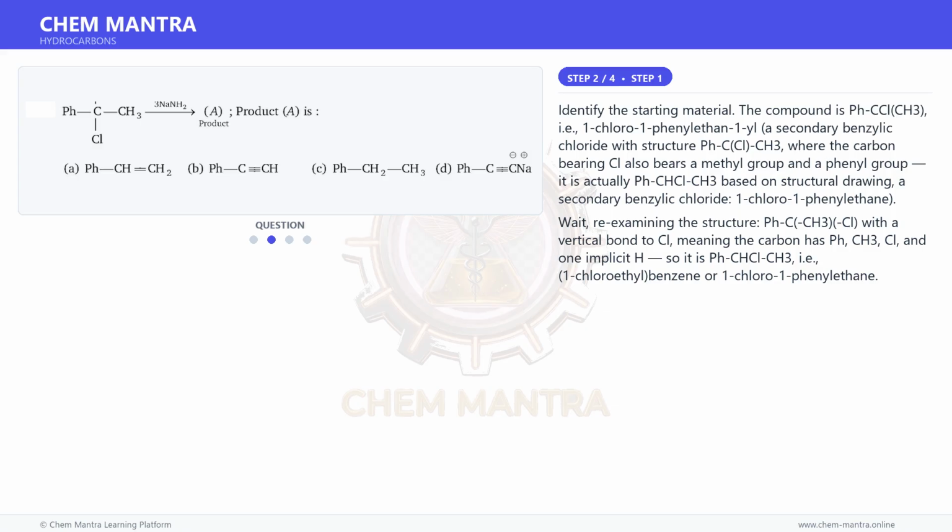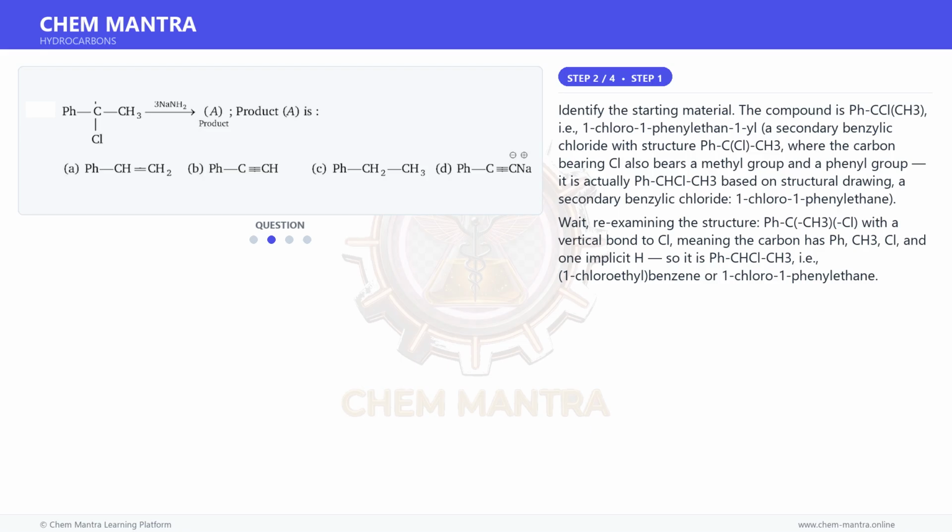Moving on to the next step. Identify the starting material. The compound is PhCHCl-CH3, 1-chloro-1-phenylethane, a secondary benzylic chloride with structure Ph-CH(Cl)-CH3, where the carbon bearing Cl also bears a methyl group and a phenyl group.